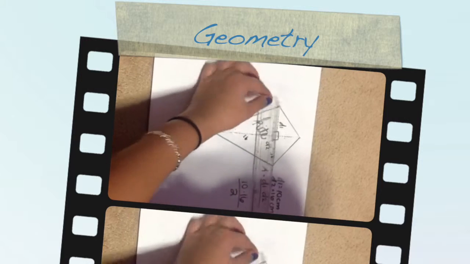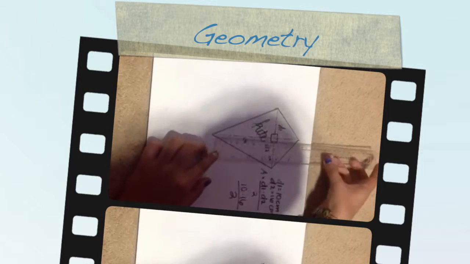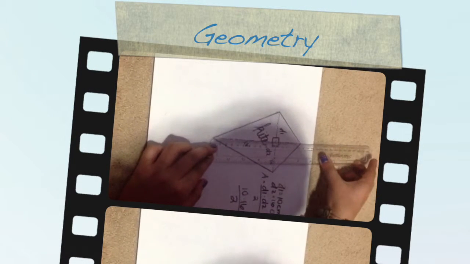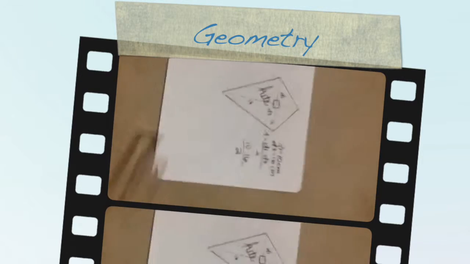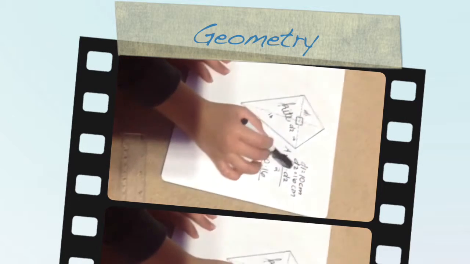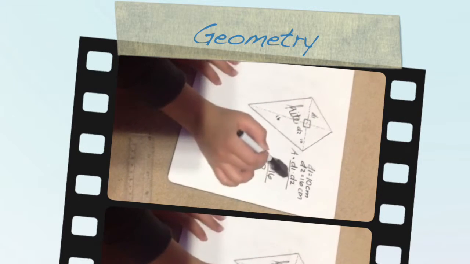The first diagonal is 10 centimeters, and the second one is 16 centimeters. The area of the kite is diagonal 1 times diagonal 2 divided by 2.